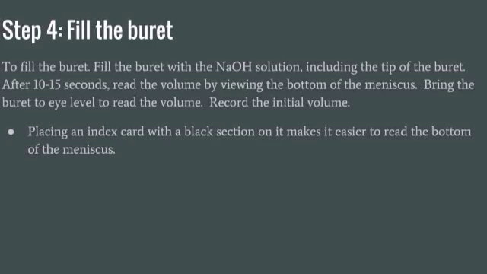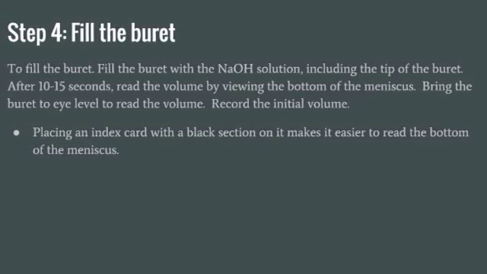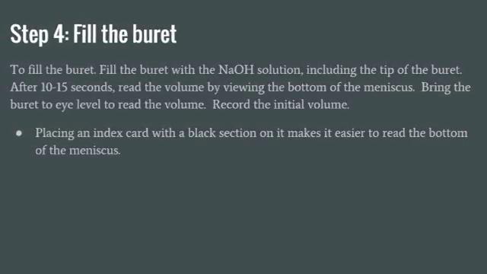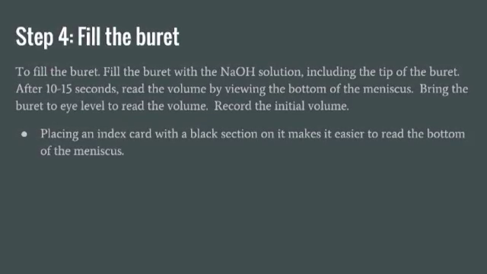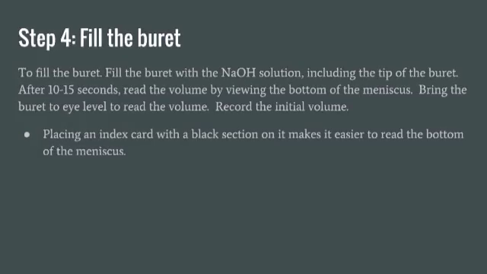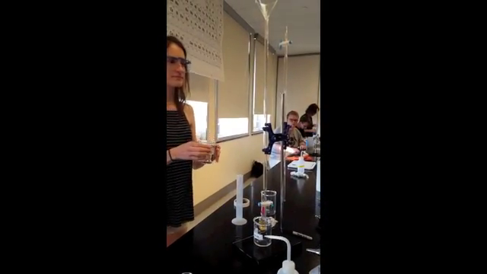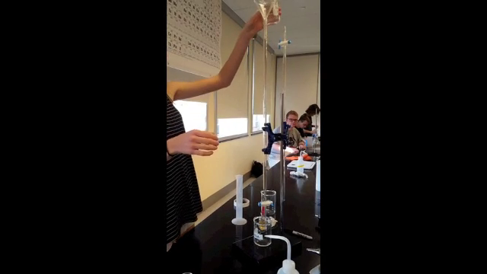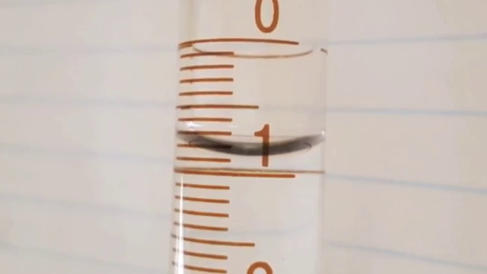Step 4 is to fill the burette. So you will fill the burette with NaOH solution, including the tip of the burette at the bottom. After 10 or 15 seconds, after any air bubbles have reached the top of the burette, you read the volume so that it's not altered by any air bubbles that may be there. Record it using the bottom of the meniscus.